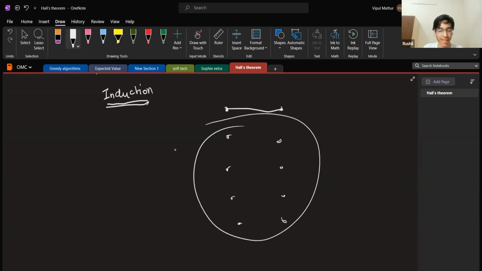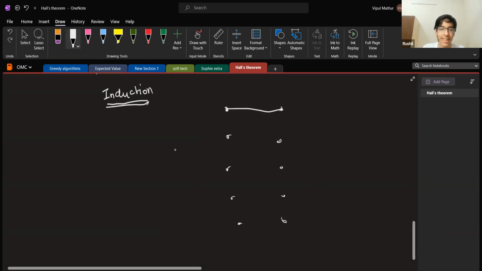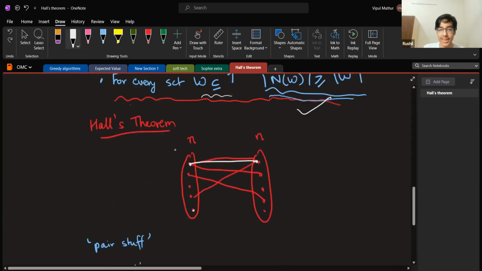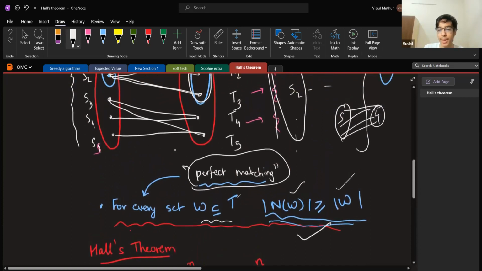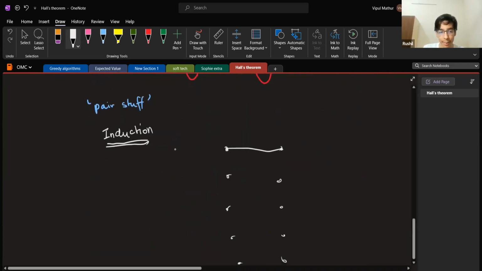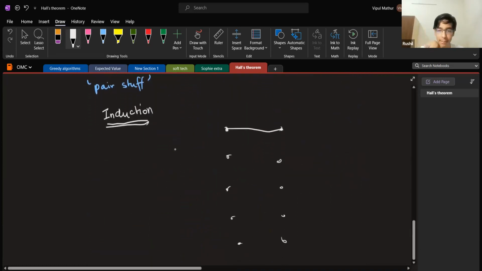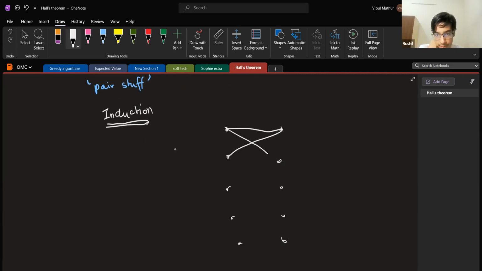That works, or maybe not. The issue is that when you just pair off randomly, you might be losing this criterion. It's possible that there was some set W over here. I'll give an example. I need to come up with something good. Okay, let's do it like this.